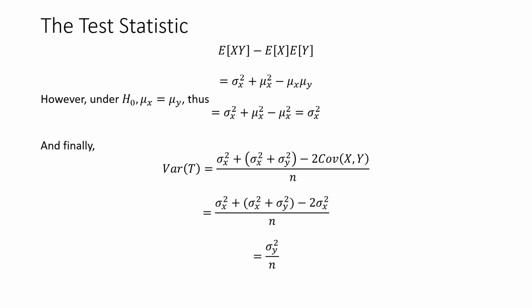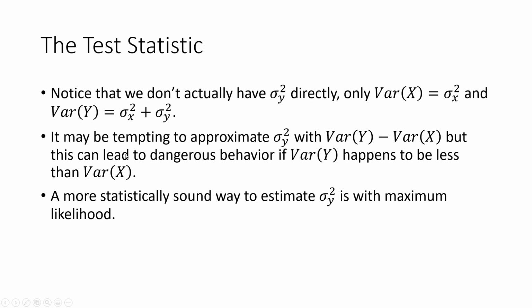This is where it gets important to distinguish sigma y squared from the variance of y, because recall that this sigma y squared is the variation of the dependent portion, not the variation of y. So that's pretty much the first bullet point here that I wrote.